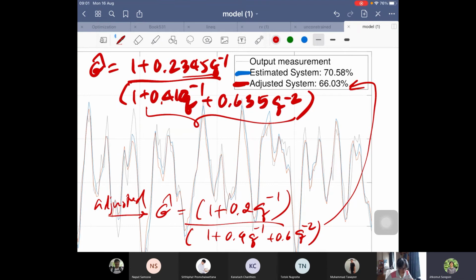Which are the roots of the denominator and the roots of the numerator. Then you will see that the result of fitting changed from 70% to 66% just by naively thresholding the coefficients. So this is something that you shouldn't do, actually.